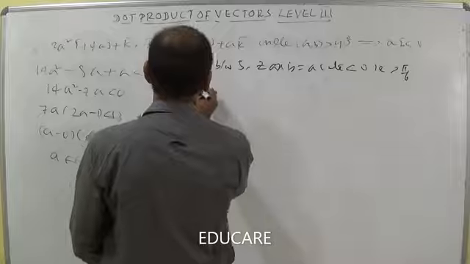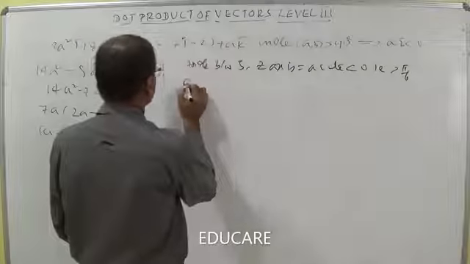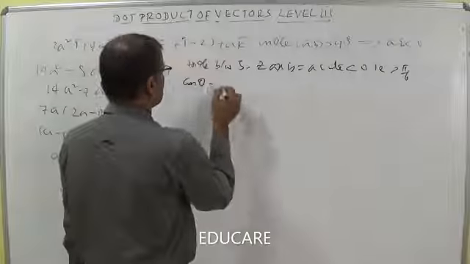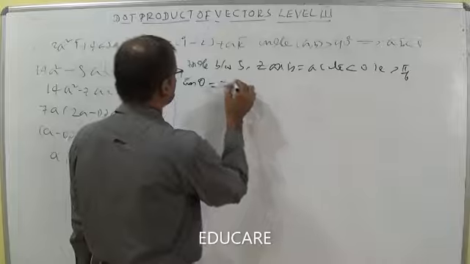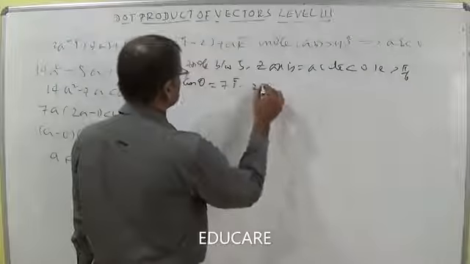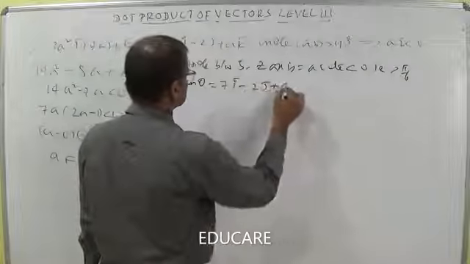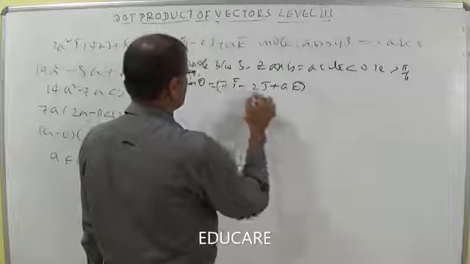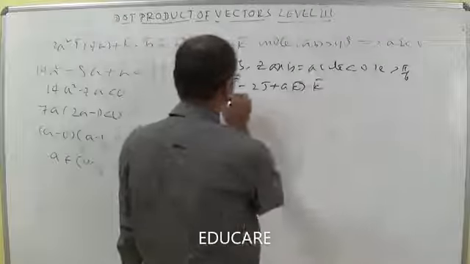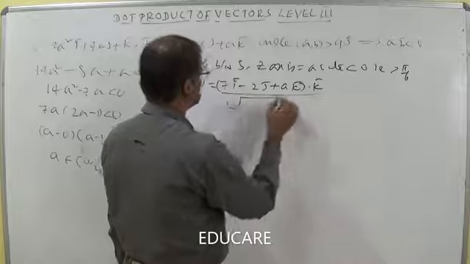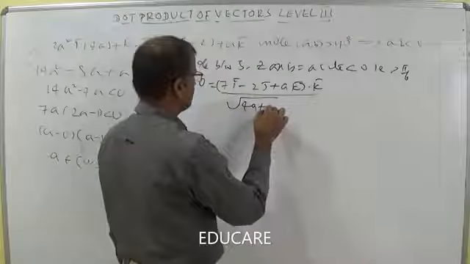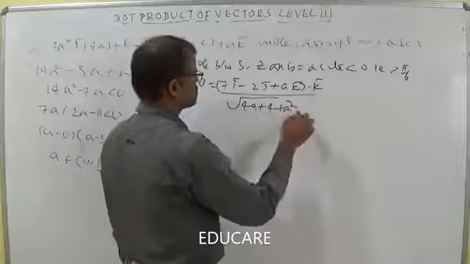So cos theta is equal to b, that is 7i minus 2j plus ak, dot k, divided by the magnitude, root of 49 plus 4 plus a square.